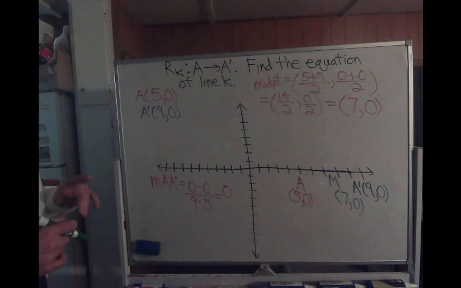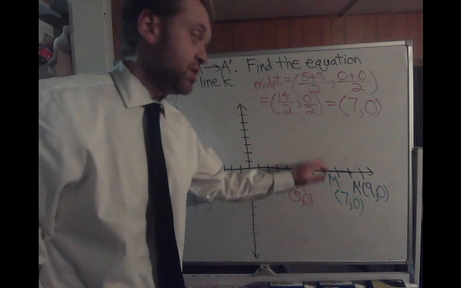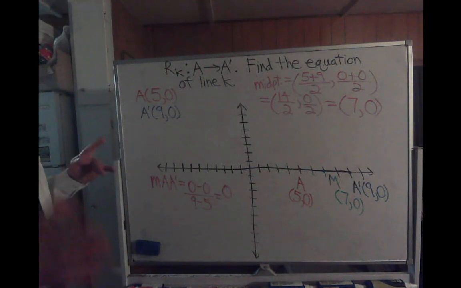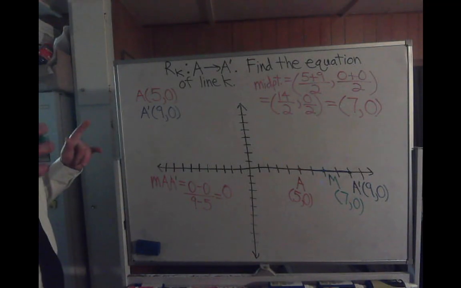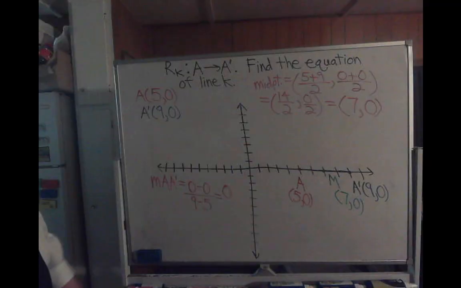Whenever you find the equation, you want to consider the perpendicular bisector of the segment. I'll show you more in a second why it's a perpendicular bisector. But if it's the perpendicular bisector, one thing that's true is the line is perpendicular to your line segment.